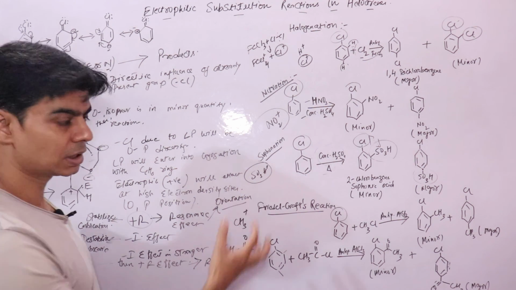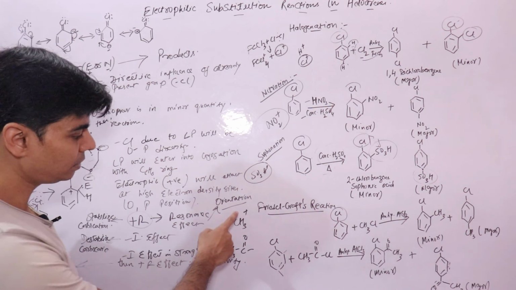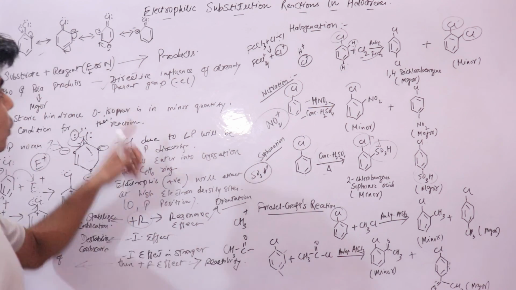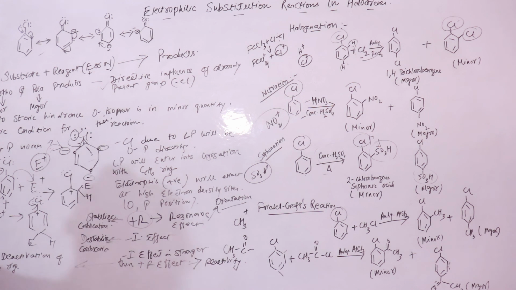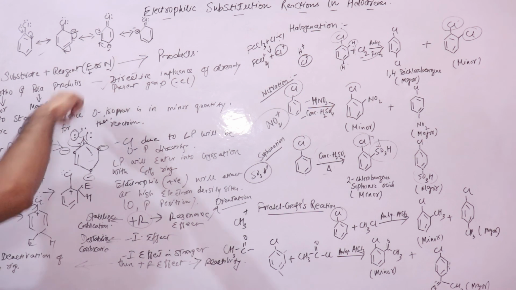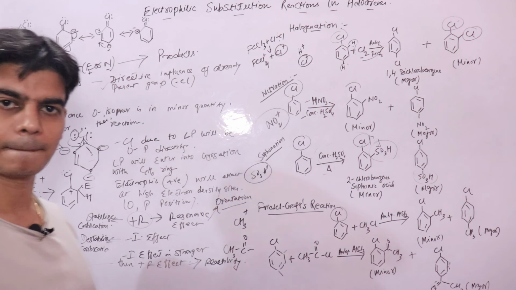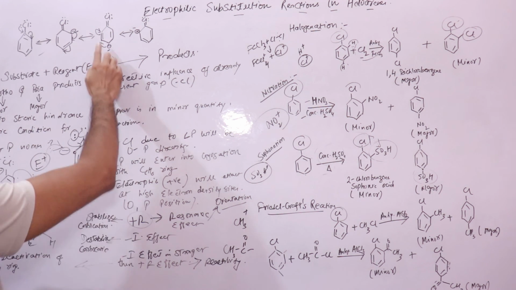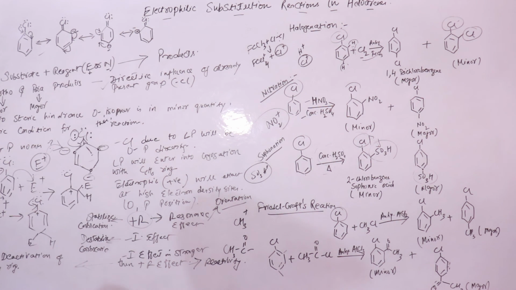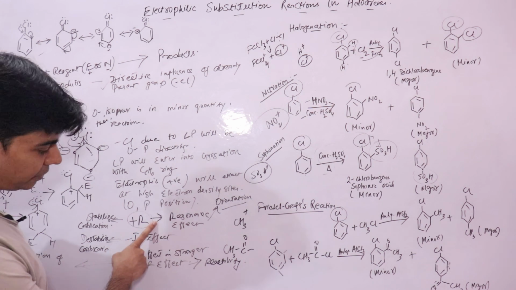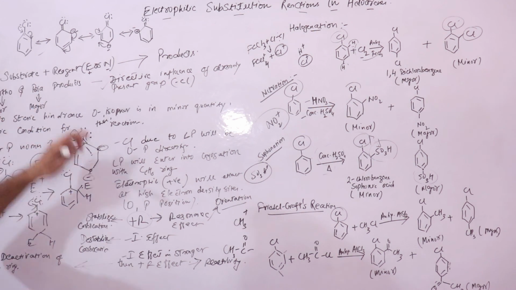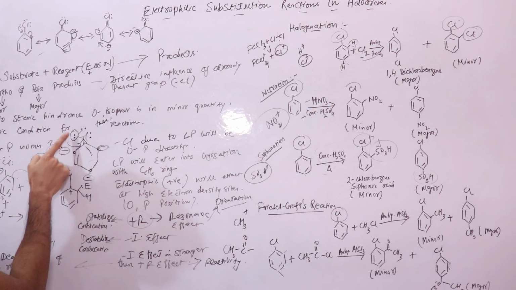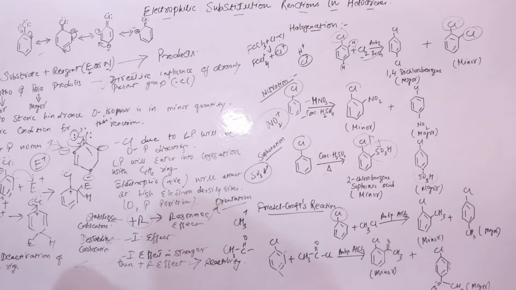That is, it is controlling the orientation. It is directing the incoming groups at ortho and para positions because it has already increased the electron density there due to its plus R effect, resonance effect, because this lone pair has entered into resonance with the benzene ring. So it is ortho and para directing.